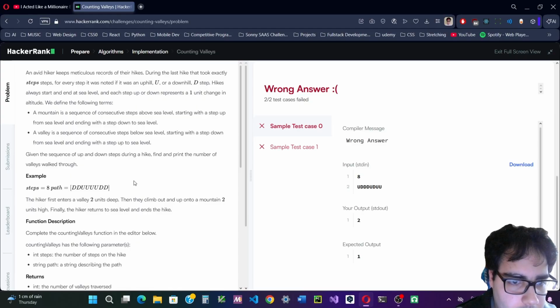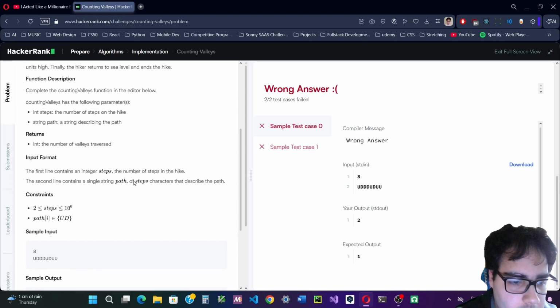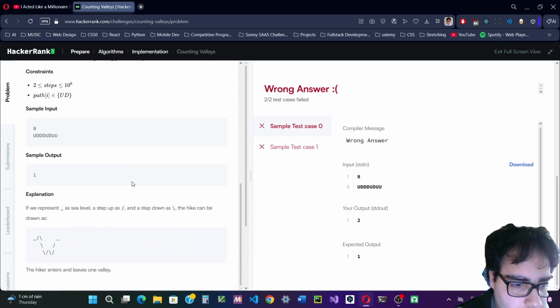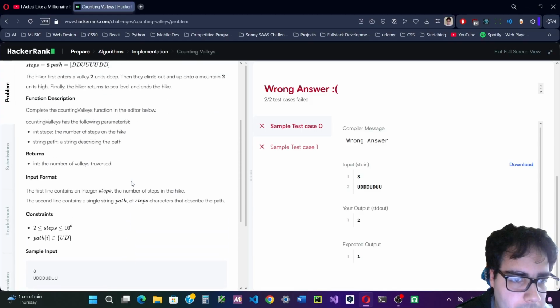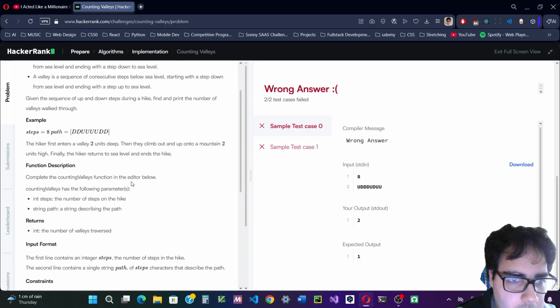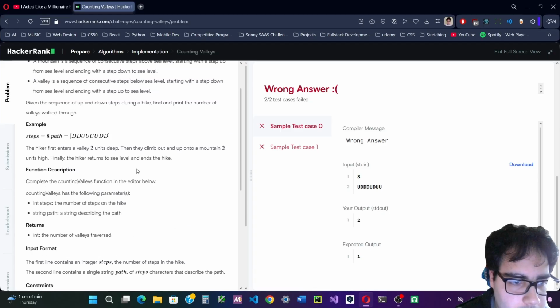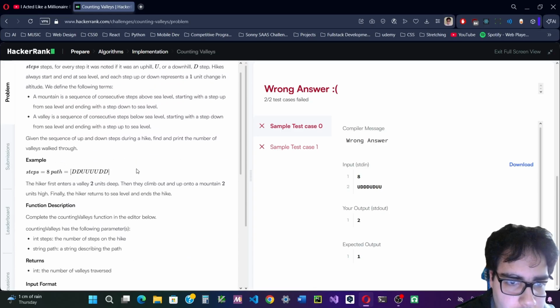A valley applies to a sequence of consecutive steps below sea level. Below the sea level, on the sea level.